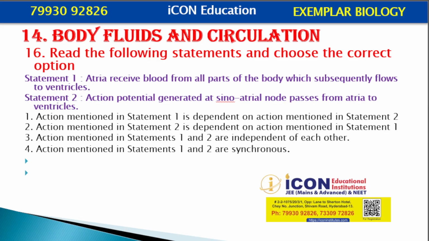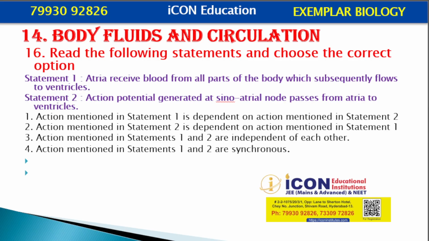Yes, both are true. Options: action mentioned in statement 1 is dependent on action mentioned in statement 2. Second option, action mentioned in statement 2 is dependent on action mentioned in statement 1. Actions mentioned in statements 1 and 2 are independent of each other. Actions mentioned in statements 1 and 2 are synchronous at a time.